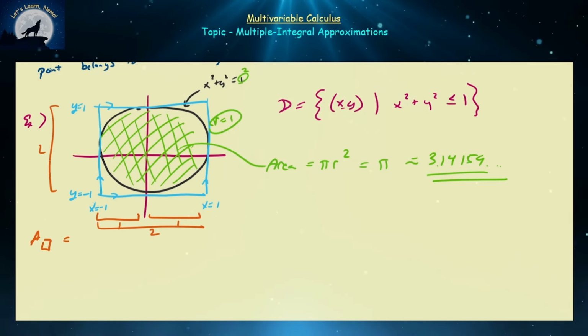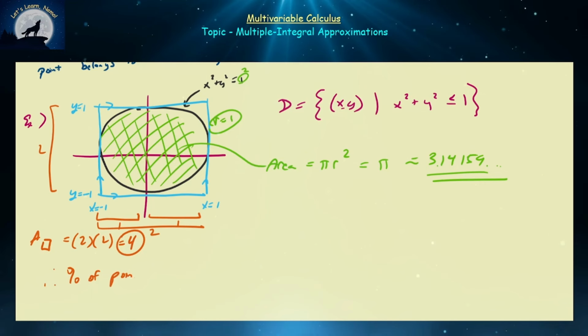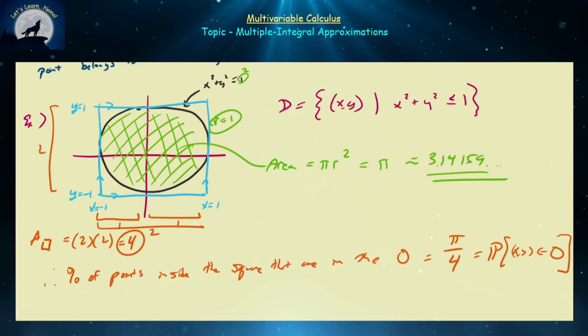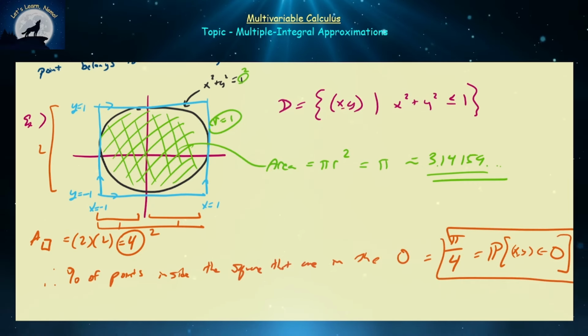So the area of the square is just going to be equal to 2 times 2, which in this case is going to be equal to 4. So therefore, the percentage of points inside the square that are in the circle is going to be equal to pi divided by 4. So this is pretty much the probability that our point, x comma y, belongs to our circle. That's going to be pi divided by 4.